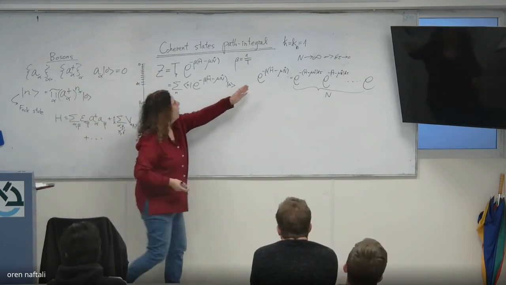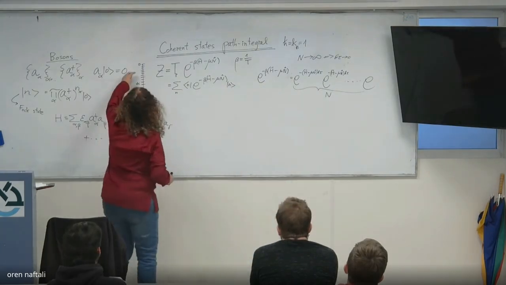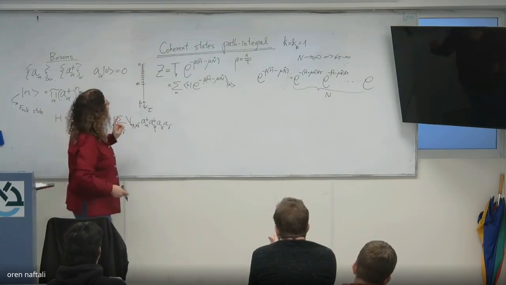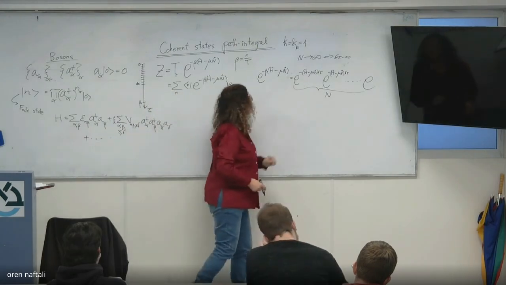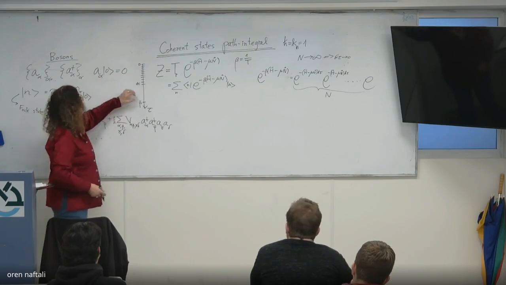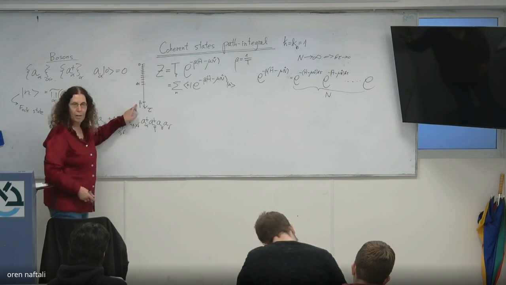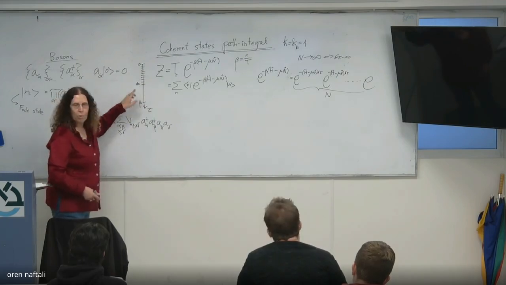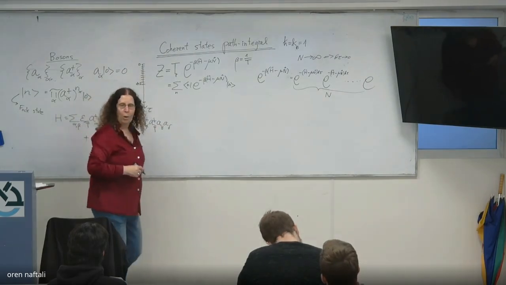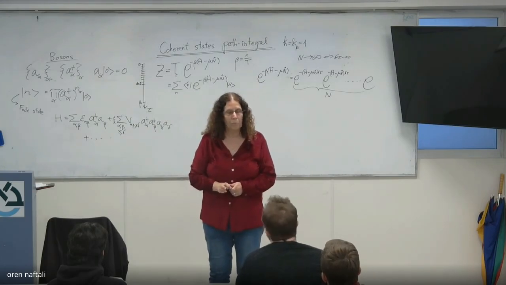When you sum all of them, you get a product of exponents. And in the limit that you can take d tau to 0, you get just a product of evolution operators in time, where tau goes from 0 to beta in intervals of d tau. So d tau is the size of the time step, which eventually we're going to take the limit that it goes to 0. Yeah? You said that tau is imaginary time.